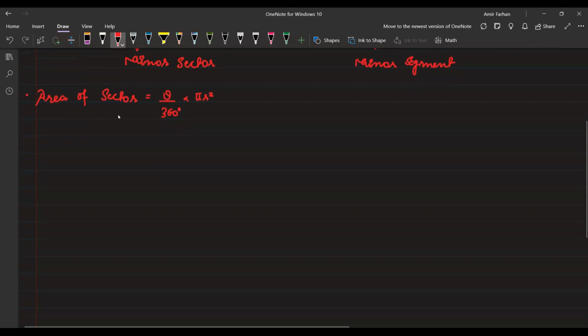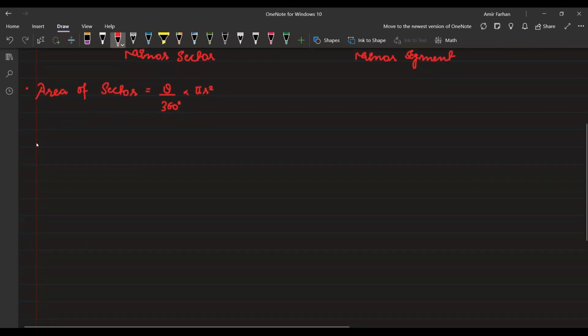How to calculate the area of the major sector? The area of the major sector is nothing but the total area of the circle minus the smaller area.